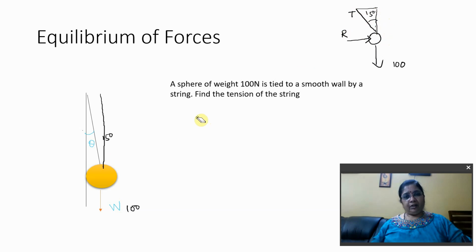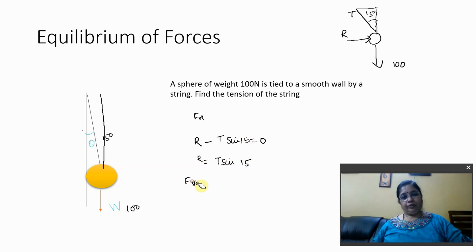So for FH, I will have R minus T sine theta is equal to 0. Sine 15, right? I can replace this theta by 15. So R is equal to T sine 15. This is from my horizontal component.